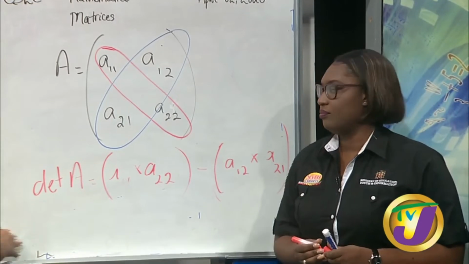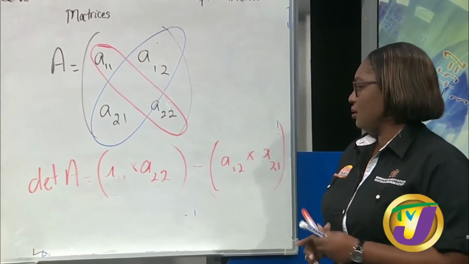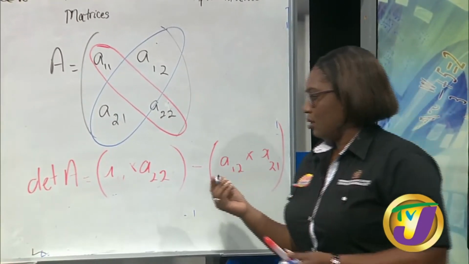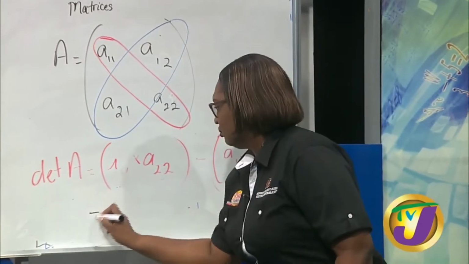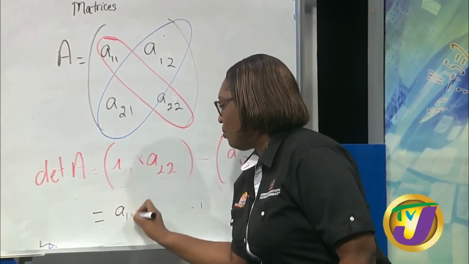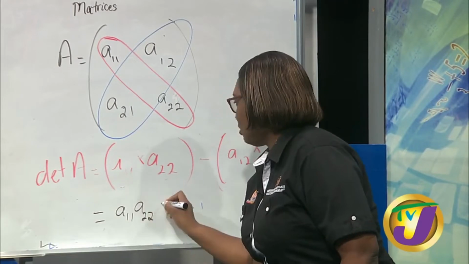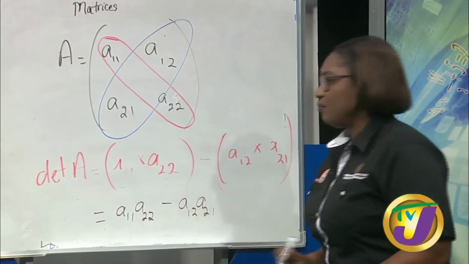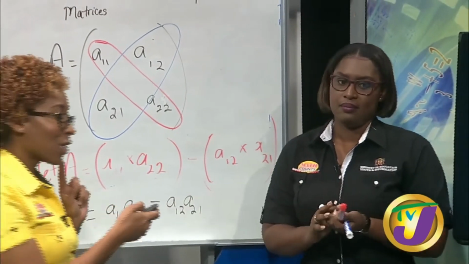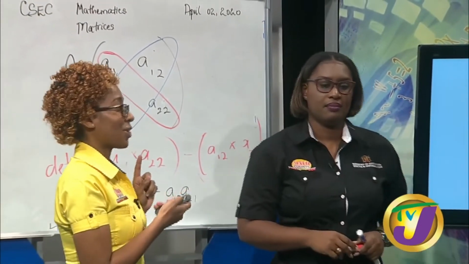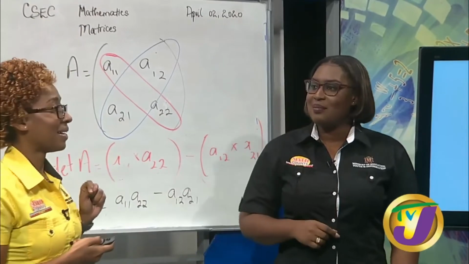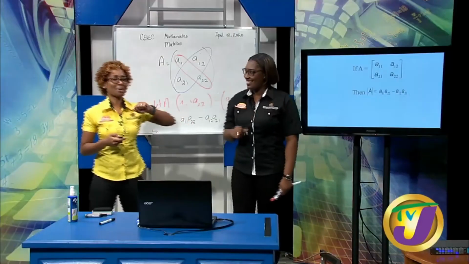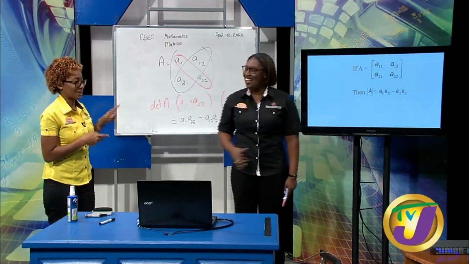Which gives us what? I'm not seeing it so clearly. Can you just simplify it for me, please? So it's simply A11 A22 minus A12 A21. And guess what? She is indeed correct. I think I deserve an elbow. All right, my elbow. Distance, Brittany, distance. All right, social distance.